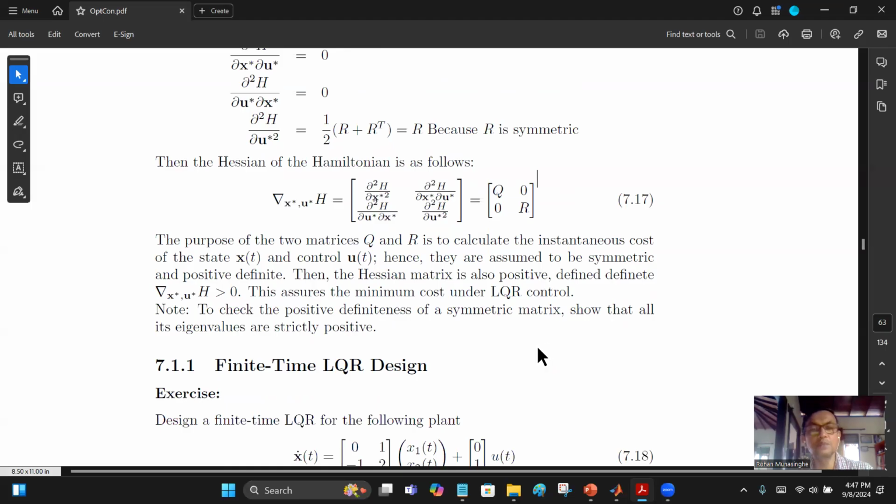The Hessian matrix is also positive definite. Sorry about this mistake.